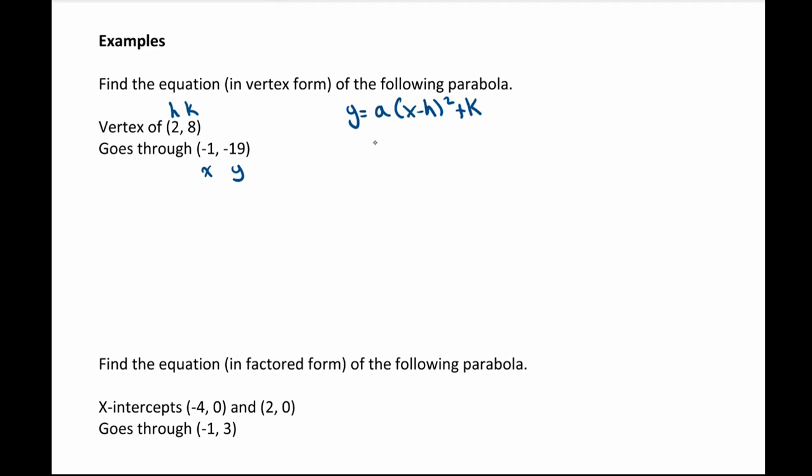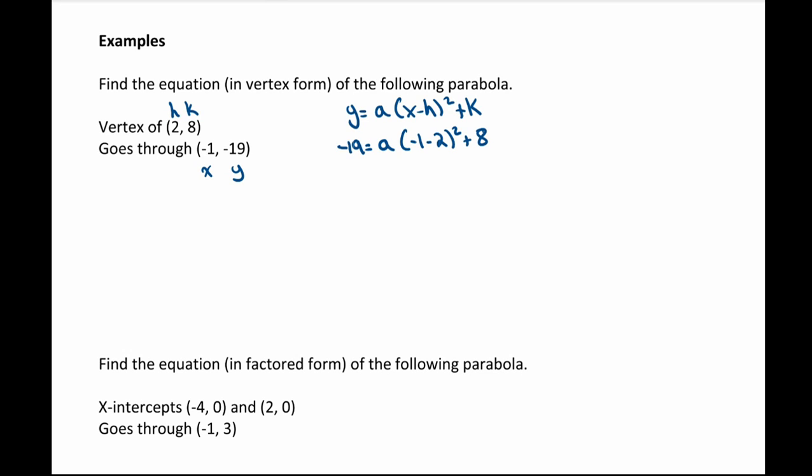Every number here is associated with a letter, so I'm going to replace each letter with that number. So y will be replaced with -19. A I still don't know. X will be -1 minus h, which is 2, squared, plus k, which is 8.